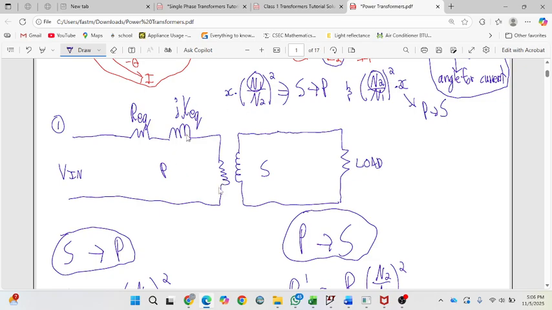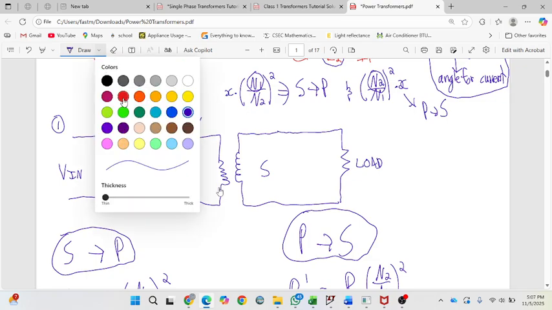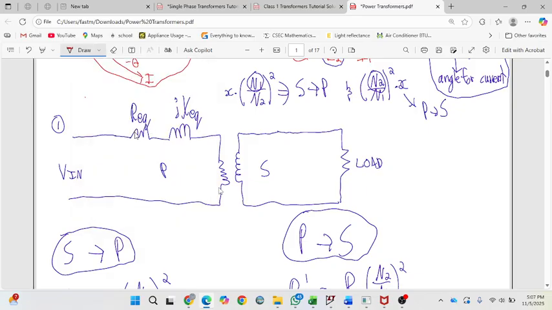So what you need to know from this is how the voltages and currents work when referred to the primary side, which is the easiest one, right? Once you calculate your I1, whatever voltage here, once you use the turns ratio on it, you notice you have no impedances here.